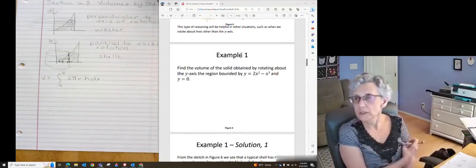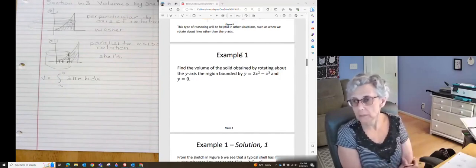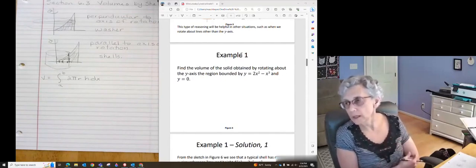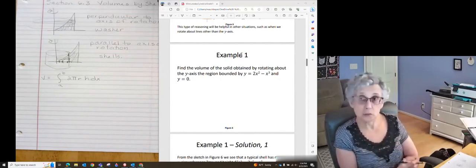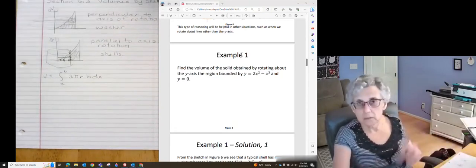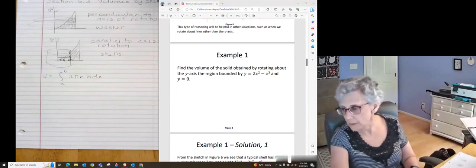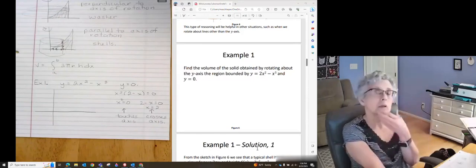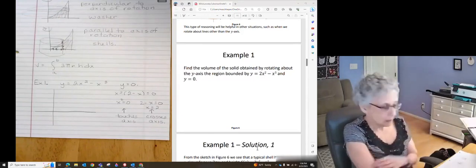So we want to find the volume of the solid obtained by rotating about the y-axis the region y equals 2x squared minus x cubed, and y equals 0. So I'm going to take a minute and make a set of axes for this. Now, you would be expected to be able to sketch this thing.